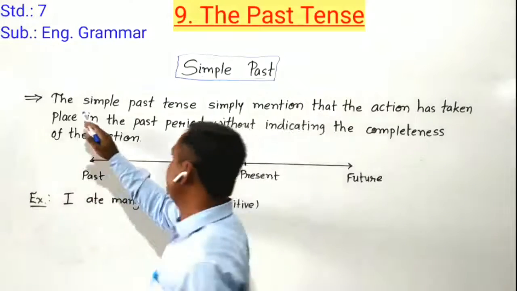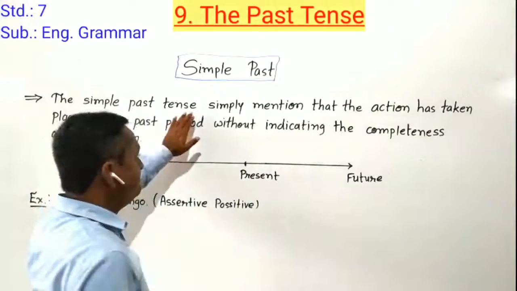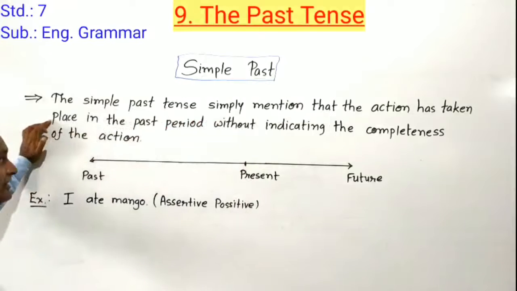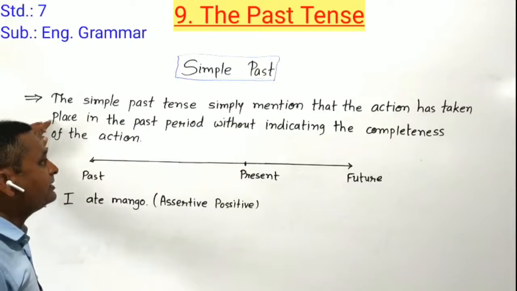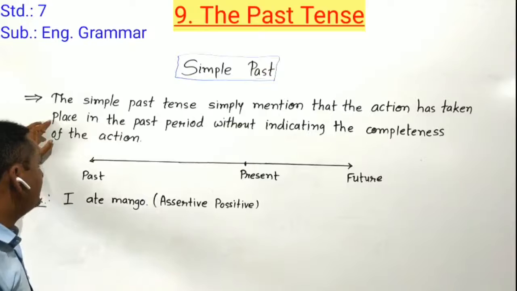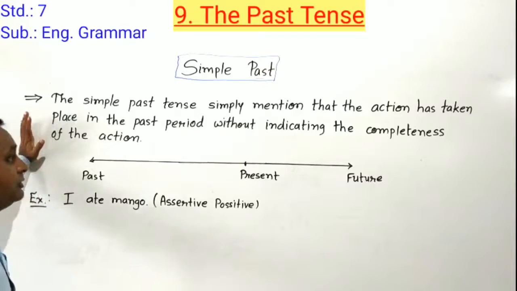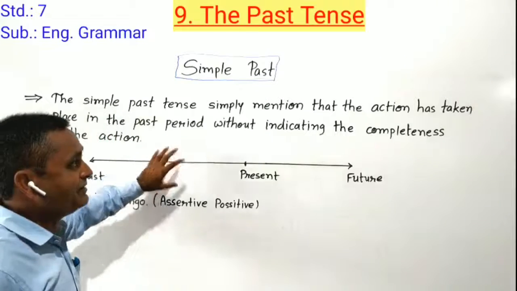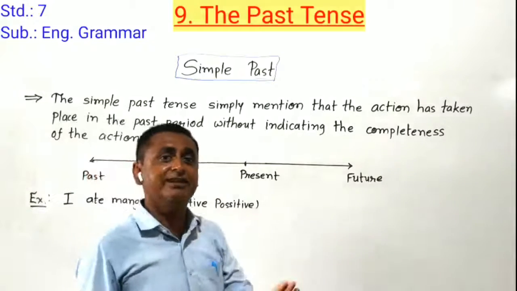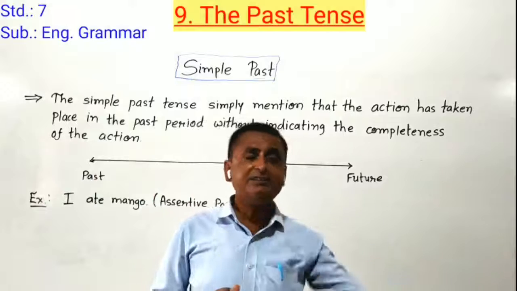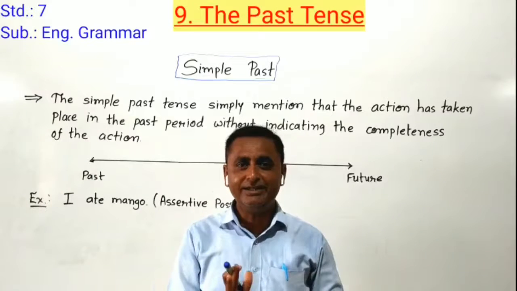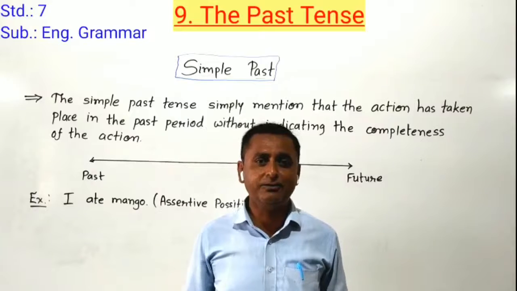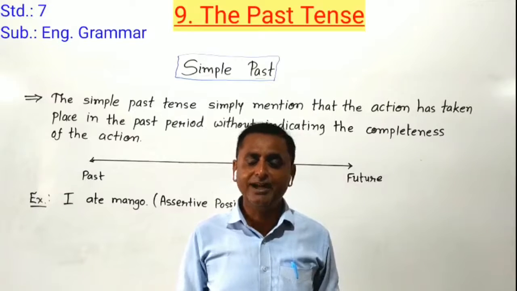First, the simple past tense simply mentions that the action has taken place in the past period without indicating the completeness of the action. Where we have to use simple past tense? The simple past tense simply mentions the action has taken place before present time. Action completed or not completed, we don't have to see that type of matter.